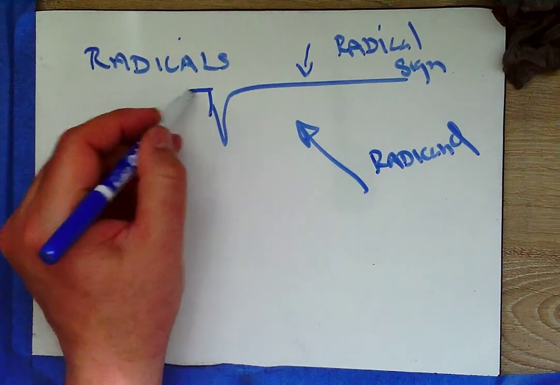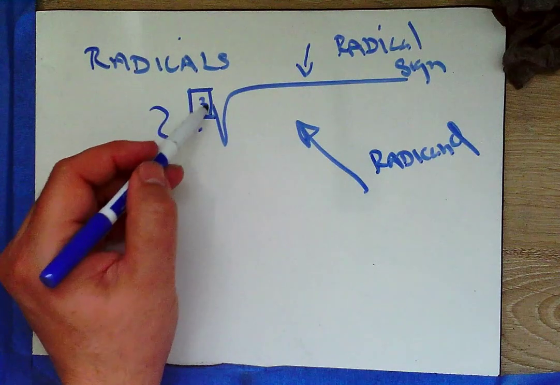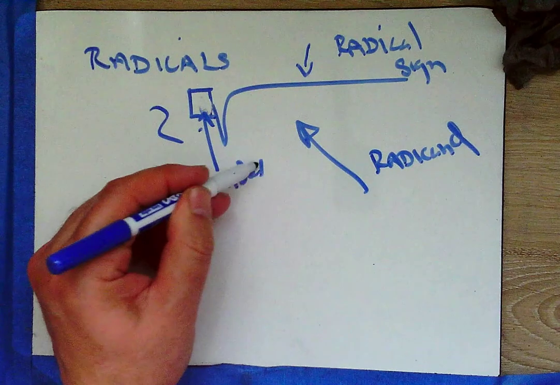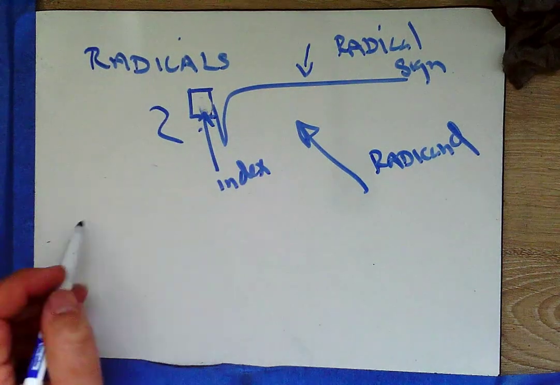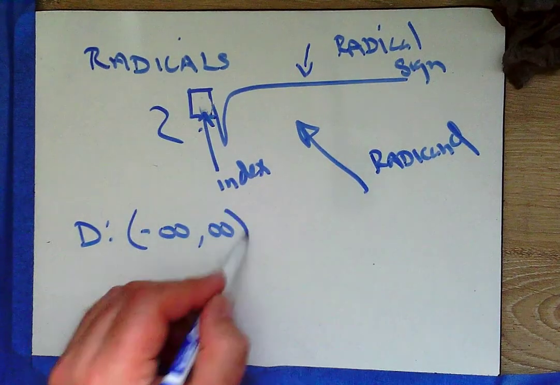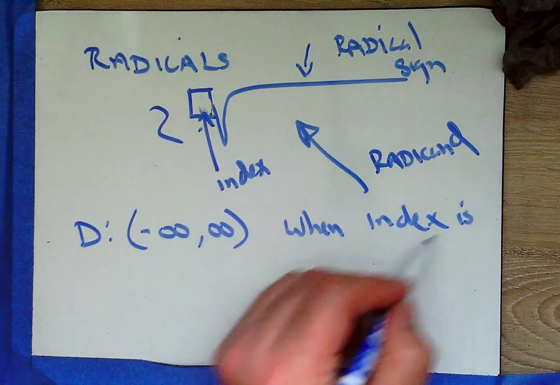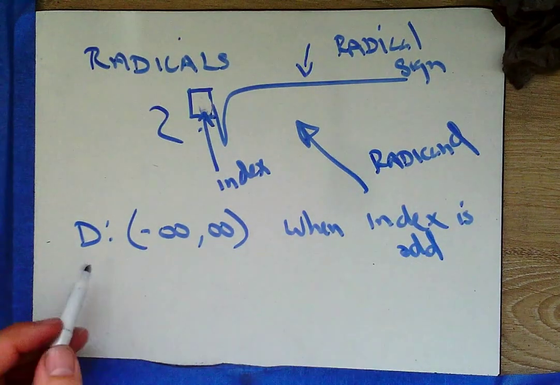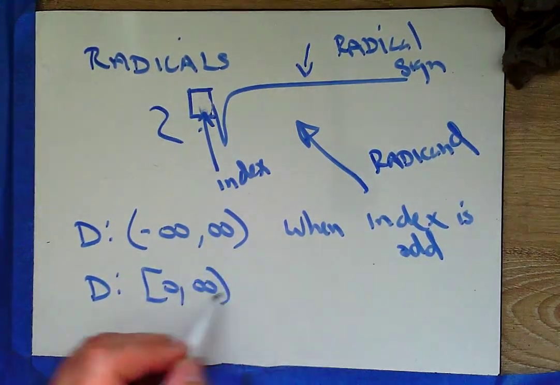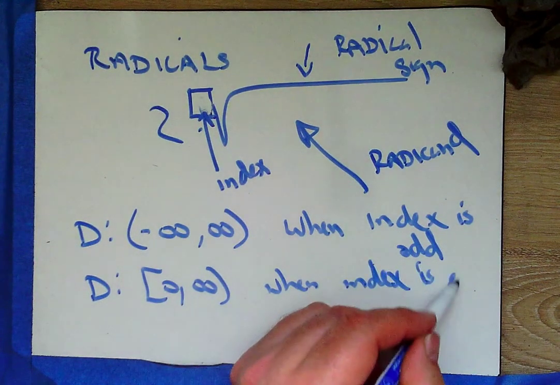And then the number here, not the coefficient, but the little number here, like 3, that number is called the index. Okay, and we know that the domain is negative infinity to infinity when the index is odd, but we know that the domain is 0 to infinity when the index is even.